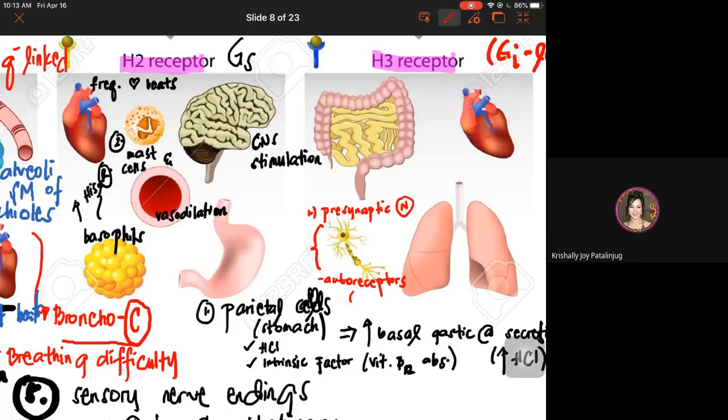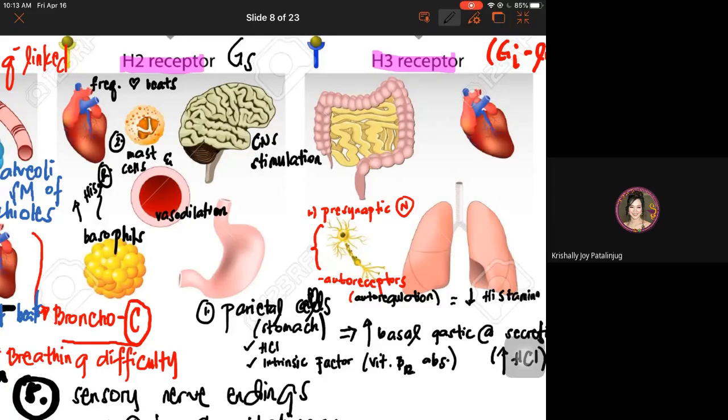And what does auto-regulation mean? When we say auto-regulation, there is inhibition of further release of that particular neurotransmitter. So in this case, there will be inhibition of further release of histamine, resulting in decreased histamine level available for action.